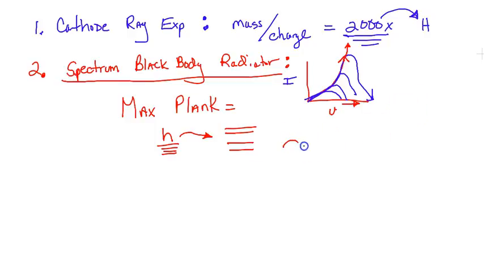So when you heat an object, thermal energy makes atoms move, and atoms have charges, they have electrons and protons, and when they vibrate and move, they give off electromagnetic radiation. That was all known. But his work was trying to show that this energy was somehow quantized.